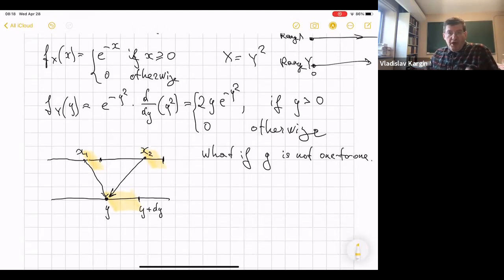So to get the total probability, you need to sum these two things together. This gives you a formula for this particular case: you just need to sum over all possible inverse images.